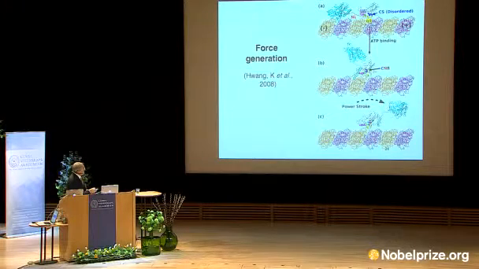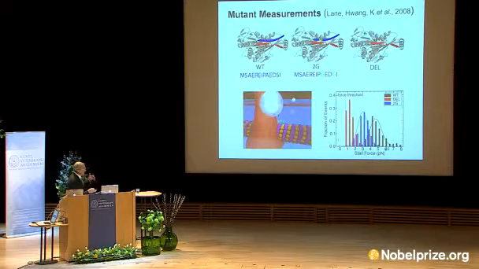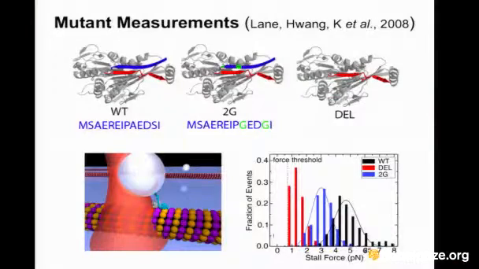And if you look at the details, it's a high energy construct which the simulation suggests, in fact, acts like a spring and throws forward the back foot to give you the beginning of the next step. Mutation experiments have been done to support this model, but we're still working on trying to show that it is really correct.